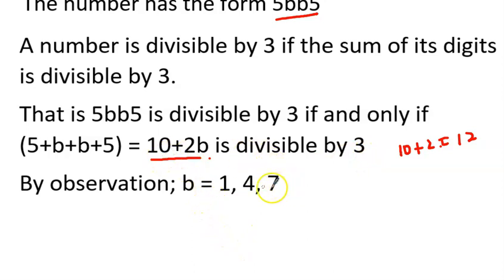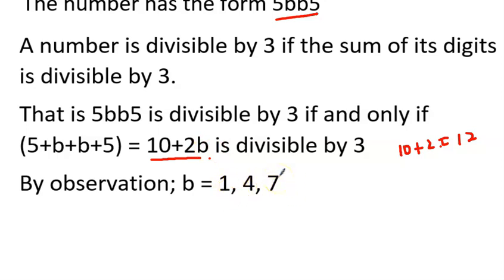And then let's take the last one, 7. So 10 plus 2 times 7. 2 times 7 is 14. 10 plus 14 is 24, which means that when B is 7, the number will also be divisible by 3. So by observation, B will take the values 1, 4, and 7.